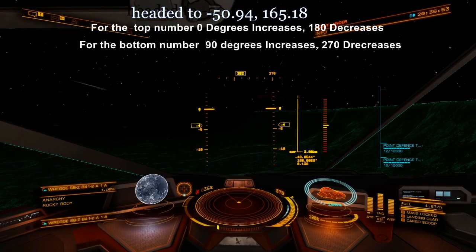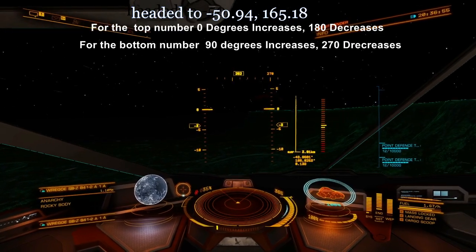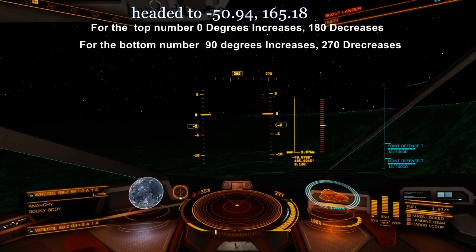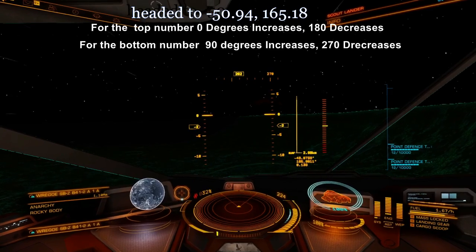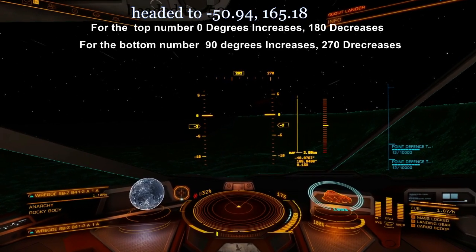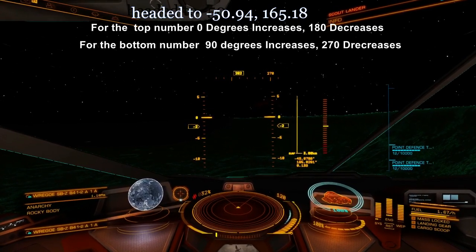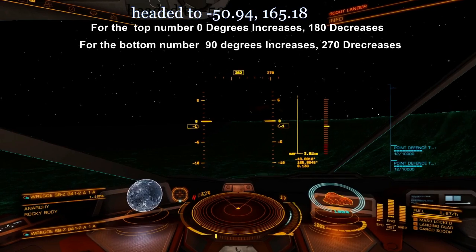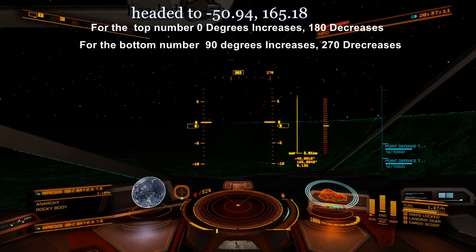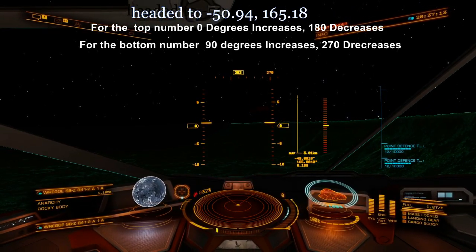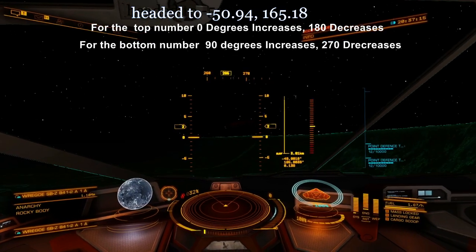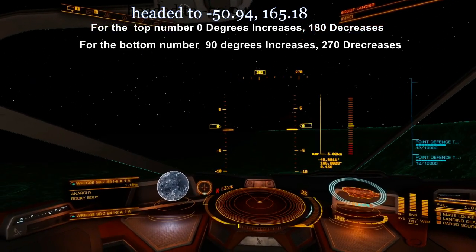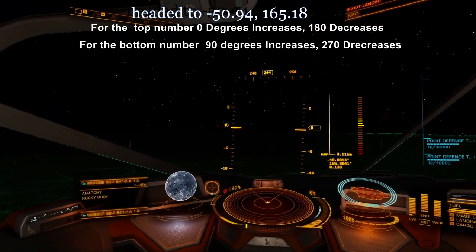That 165, I'm going to stop. Our actual destination is 165.18. Get that a little closer, get that other one. So now we're going to go and finish up on our top number, which is -50. So we're going to need to go to get the negative number to increase.